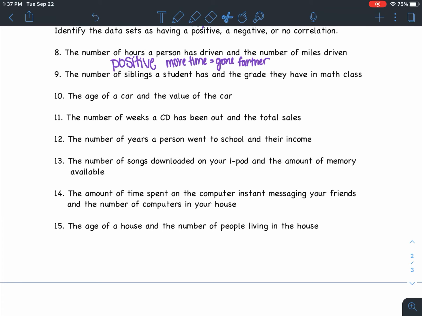We're not going to go into all of those what-if one-offs. Just in general, the number of siblings a student has and the grade that they'll have usually has no correlation. I've had students with many siblings do poorly, many siblings do well, no siblings do poorly, no siblings do well. I would say there's really no correlation to that.